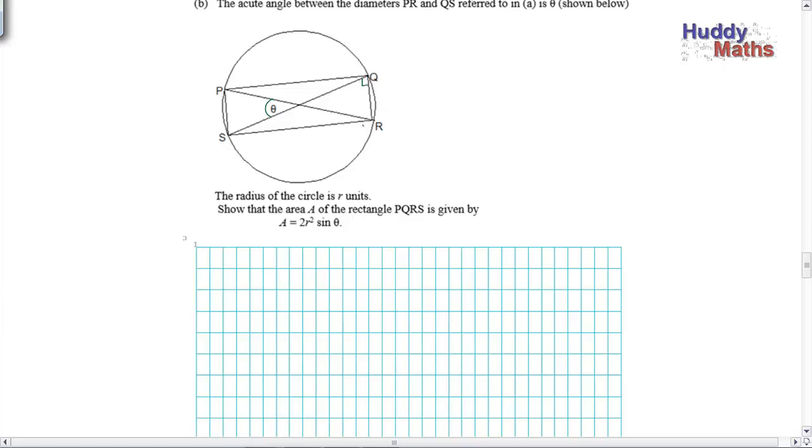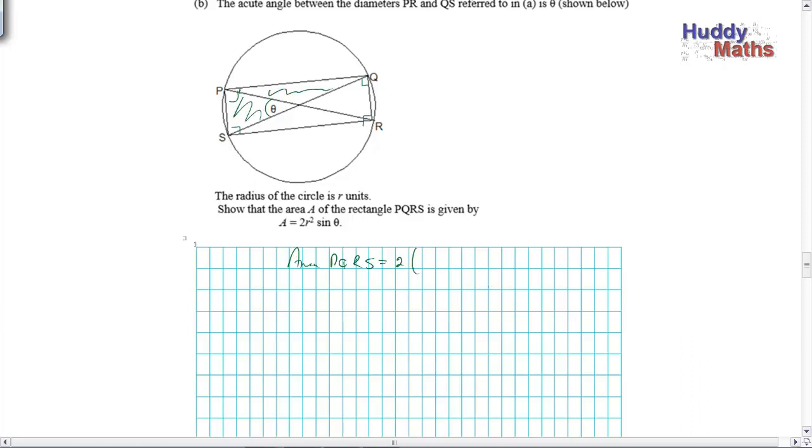All of these are actually going to be 90, up to the top there. Okay, now we want an area. Okay, the area of rectangle PQRS, what would it be? Well, it's going to be double this, isn't it?